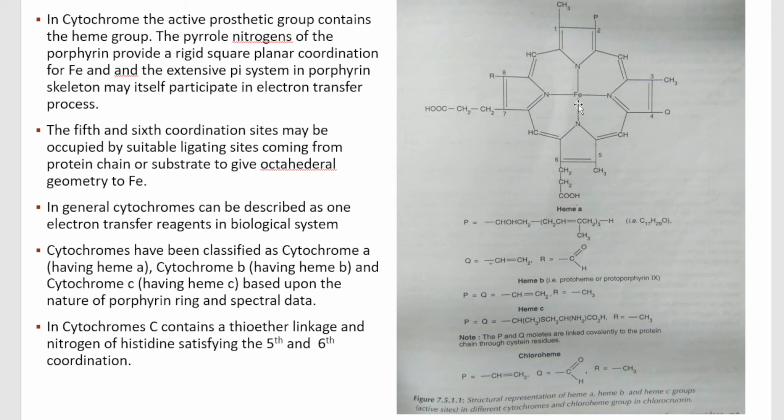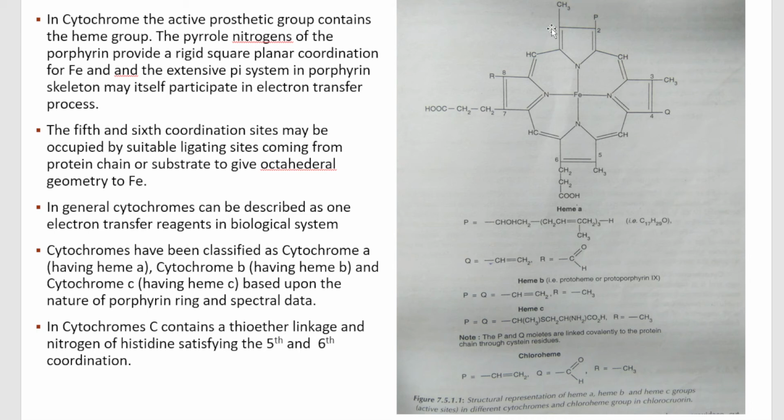That is, these are the nitrogens of the pyrrole ring, and this whole thing is called a porphyrin ring. This we studied when we were studying hemoglobin structure. So these are called the pyrrole nitrogens of the porphyrin ring, and because of these 4 nitrogens from all four sides supporting the central metal atom, that is iron, it gets a square planar geometry.